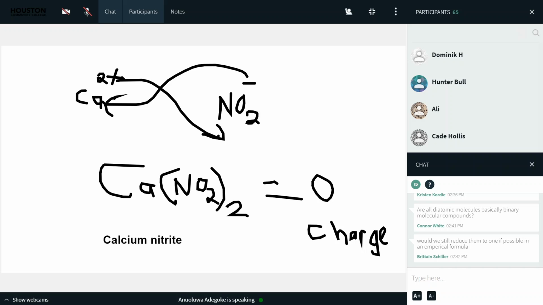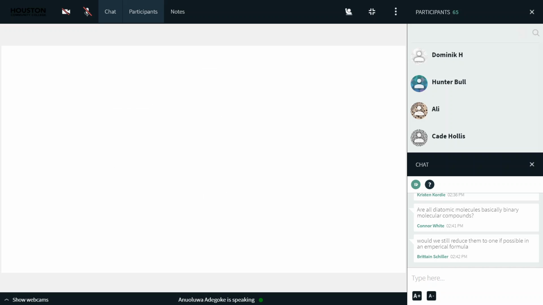Okay, same thing with the one I showed previously, which was calcium oxide. Let me show that one, and then you will see why. If you are told to write the formula of the compound that exists between calcium ion and oxide ion, both of them have the same charge.